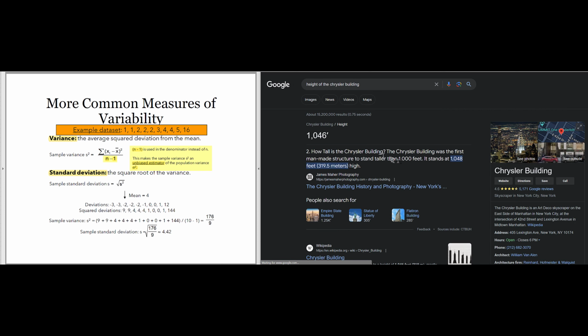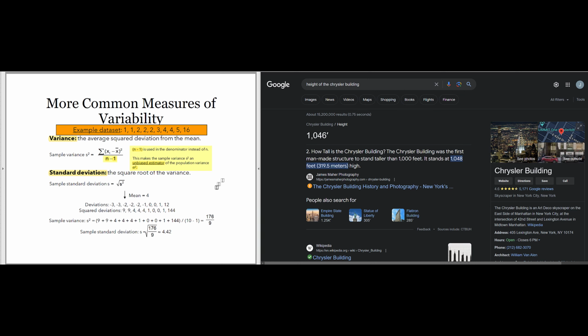I'm going to tell you that the height of the Empire State Building is 1,454 feet, and the height of the Chrysler Building is 1,046 feet. Now what can you tell me about the average height of skyscrapers in Manhattan and the variability of the height?